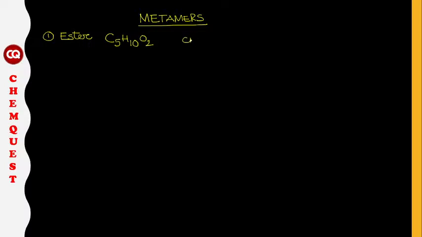The first one, CH3CH2COOCH2CH3. Ethyl propanoate is the first case.